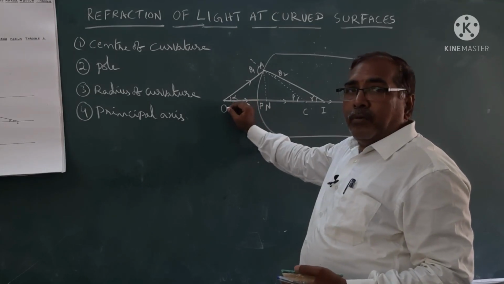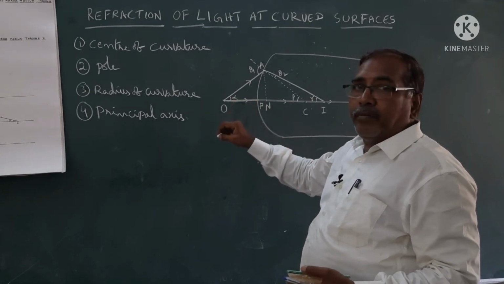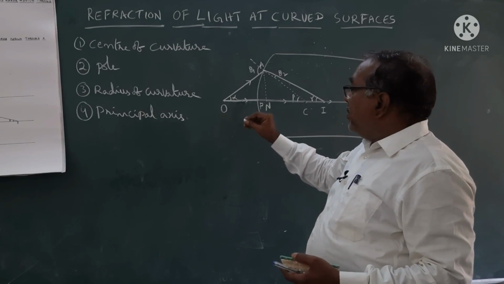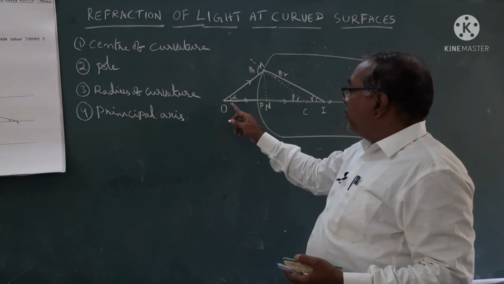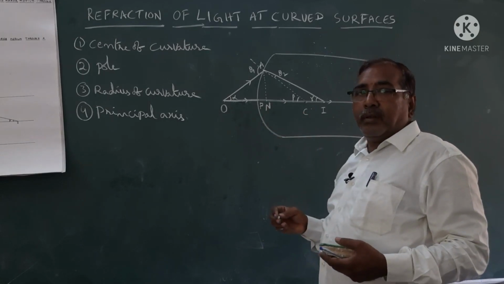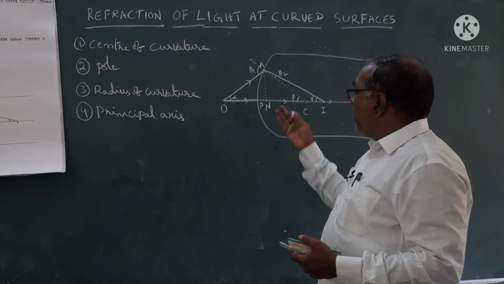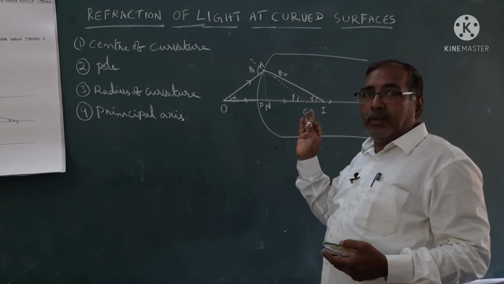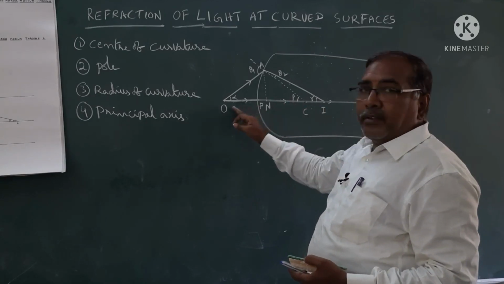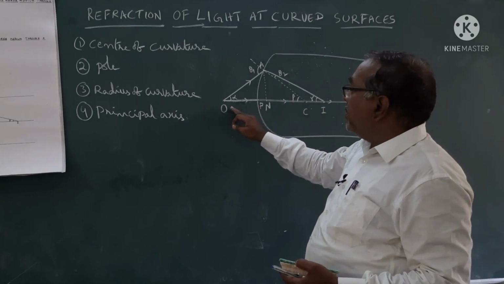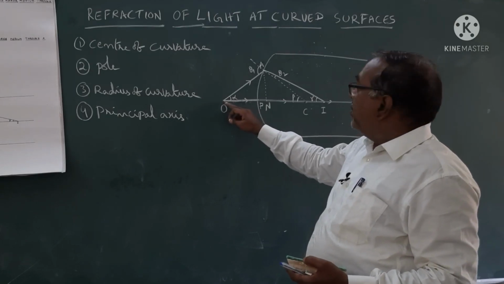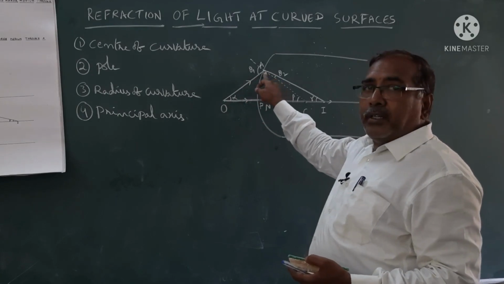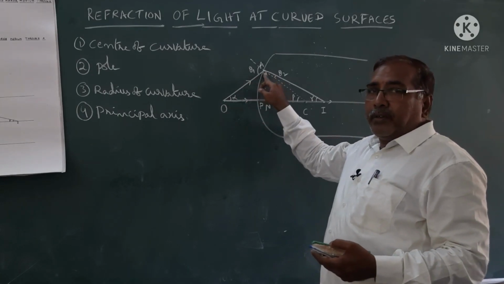Consider an object at the point O. A ray starting from O passes through the principal axis without any deviation and goes on like this. Consider another ray traveling from O and incident at the point A on the curved surface.